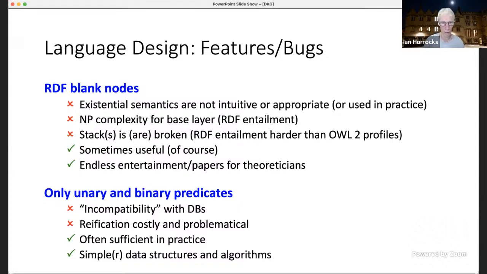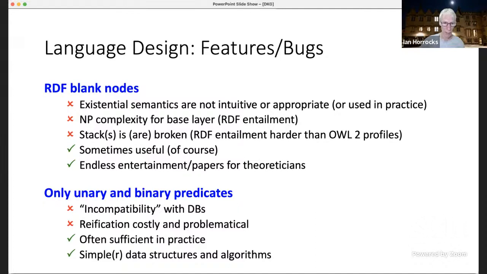But in any case, there's this limit to at most binary predicates. And that can be problematical. And there are already many efforts in train to extend RDF with this ability to deal with higher arity predicates, and/or to allow for things like having triples themselves as being the subject or the object of a predicate.